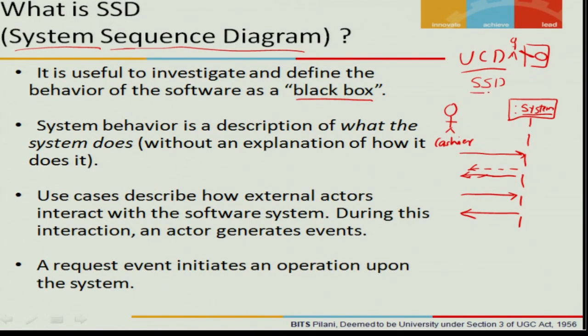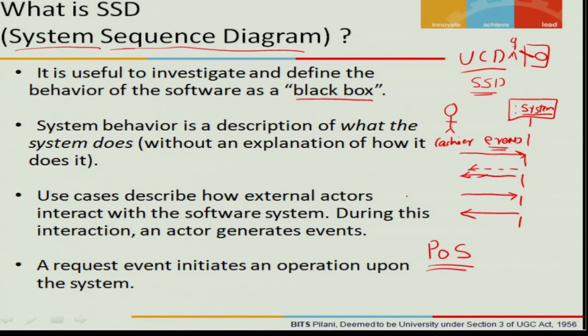So SSD shows how an external actor interacts with the system by means of different messages. Now what are these messages? For example, if we take the example of the process sale scenario in the point of sale case study, what messages will the cashier give to the system? There will be many events happening from the external world to the system.